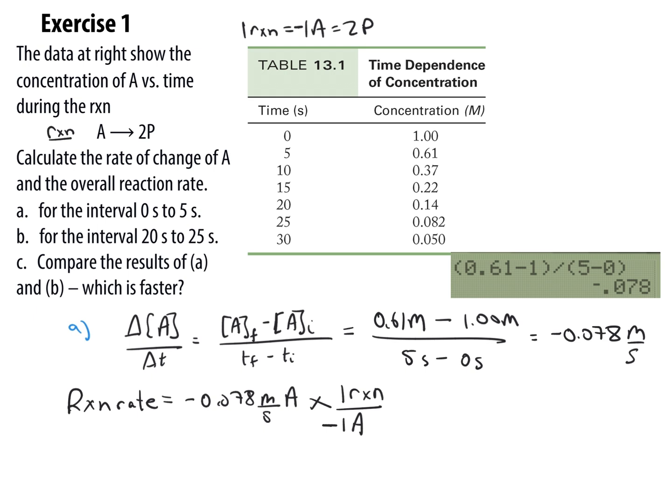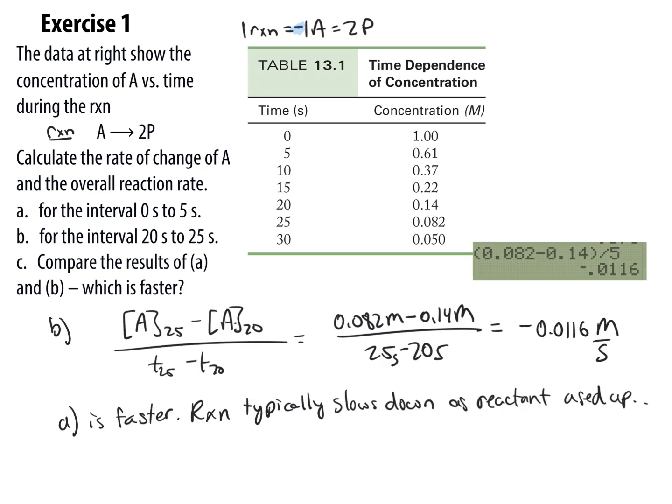So we do need to account for that negative for reactants idea. Again, remember that we always define the reaction rate to be positive, and that will then give us an overall reaction rate of 0.078 molar per second.